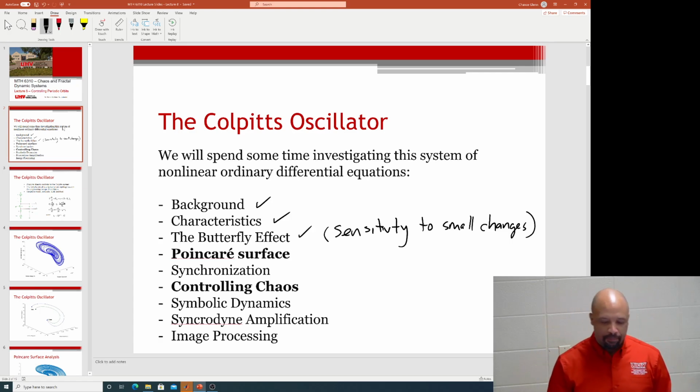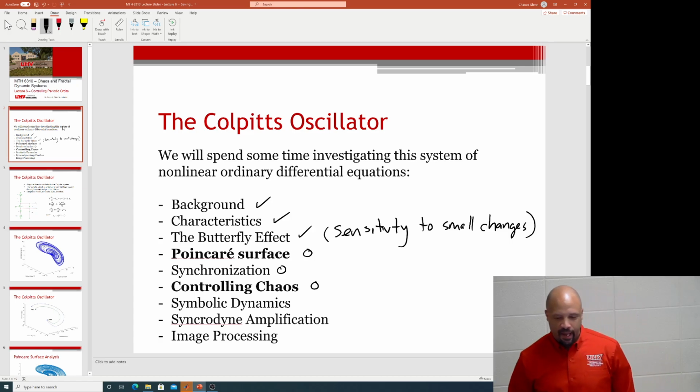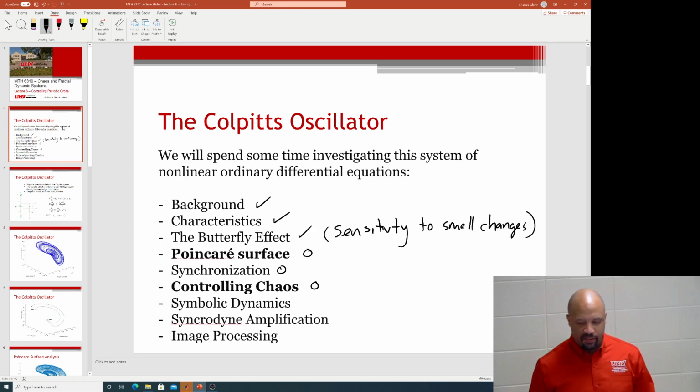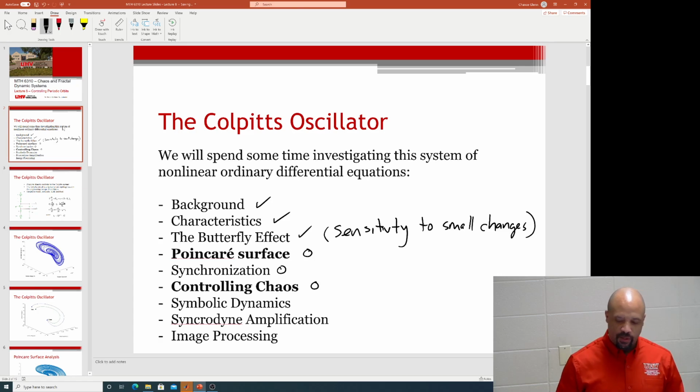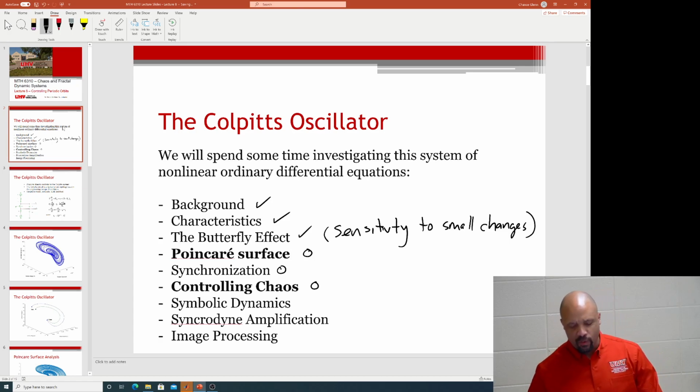Then I'm going to come back to synchronization, and we're going to put all that together. Even when we talk about controlling symbolic dynamics, then we're going to put that all together, and this is where this notion of synchrodyne amplification comes.